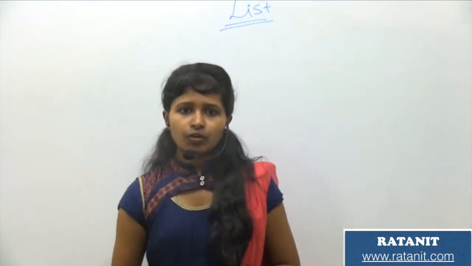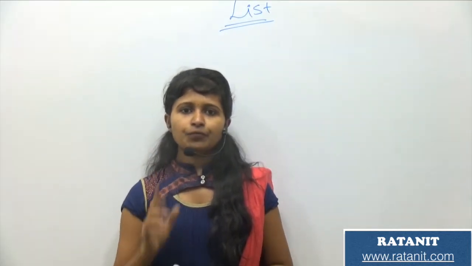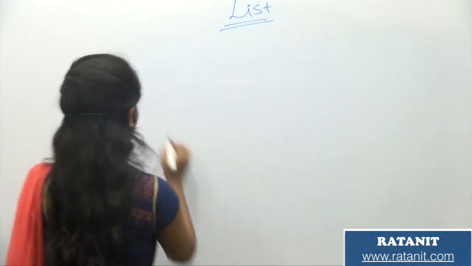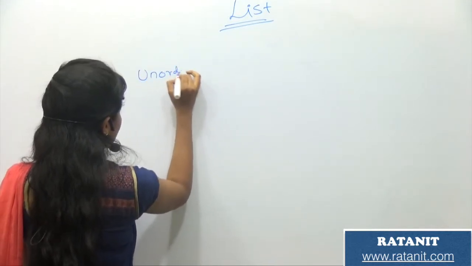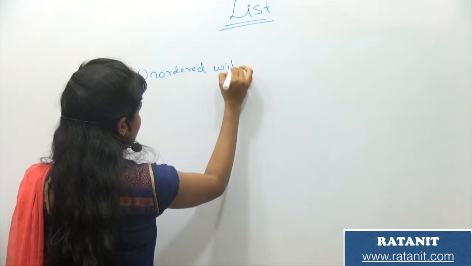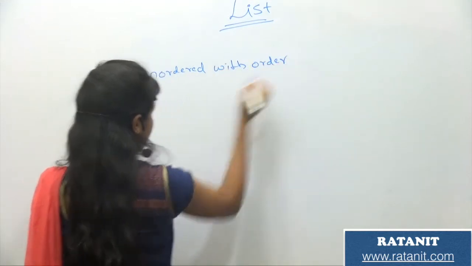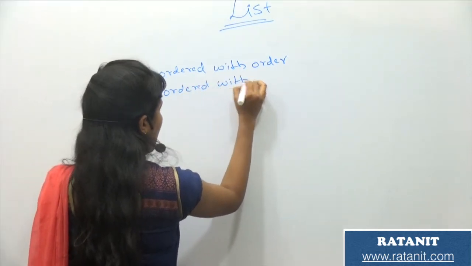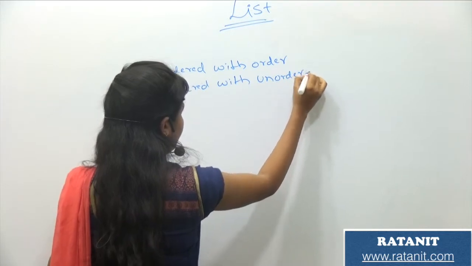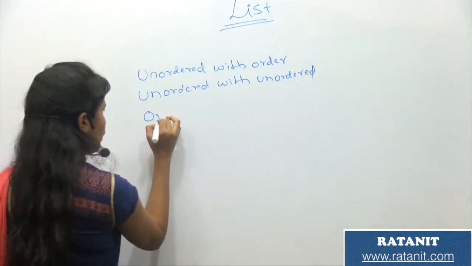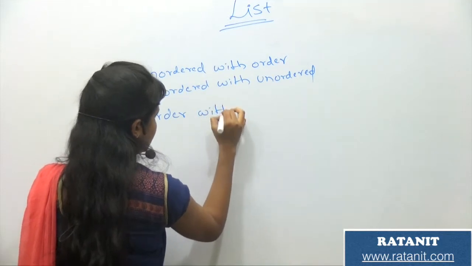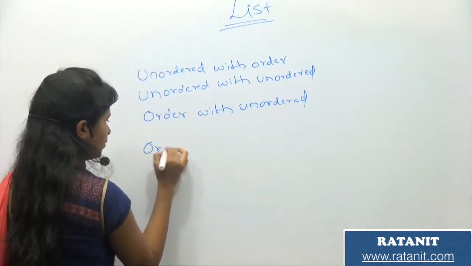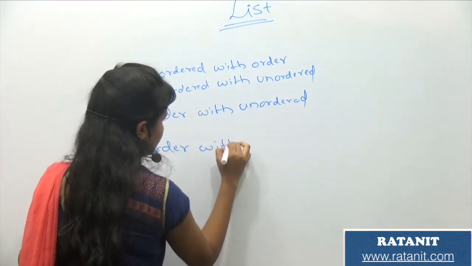By combining this unordered list and ordered list, I am having four ways. See, unordered with ordered, unordered with unordered, ordered with unordered, ordered with ordered.